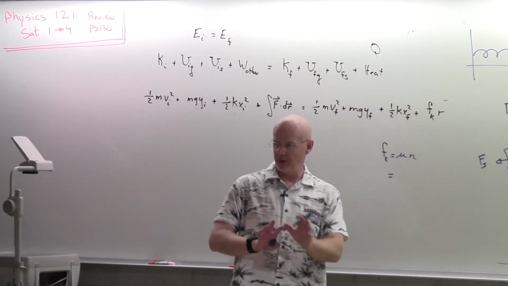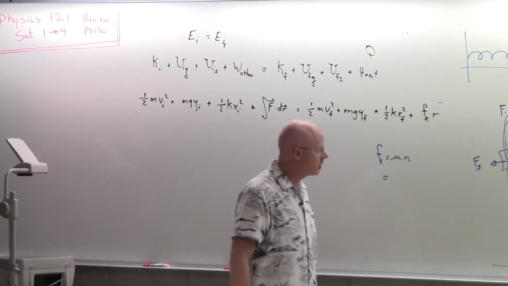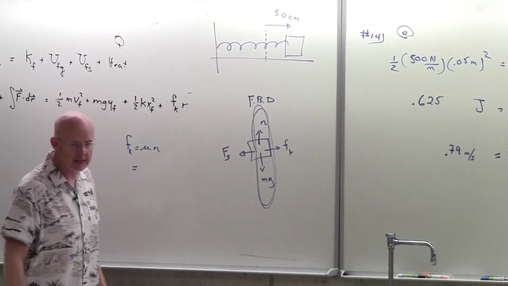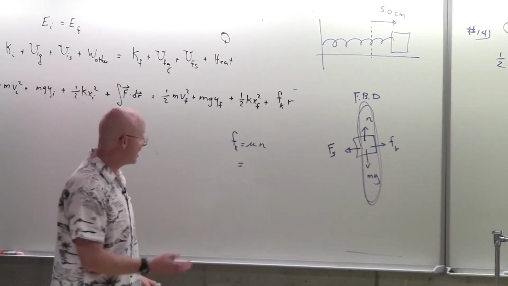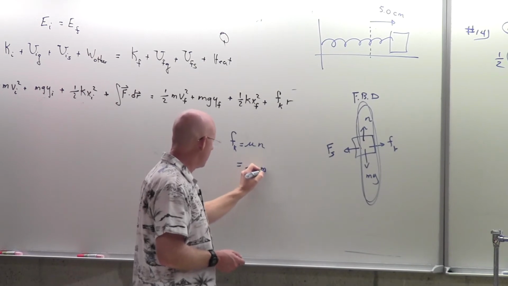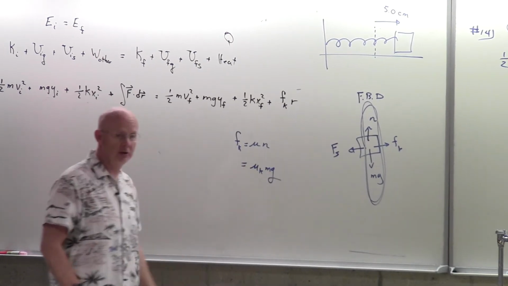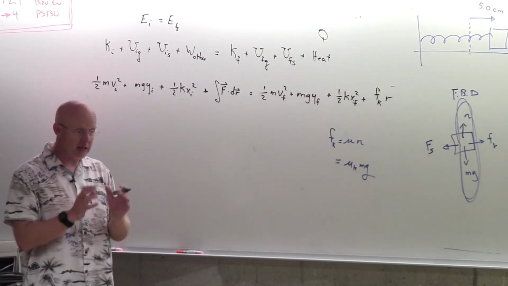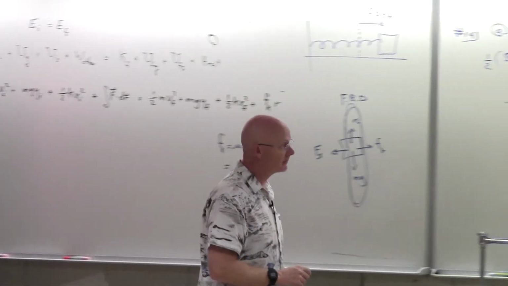And it doesn't move up or down. So the force up, which is the normal force, must equal the force down, which is the weight, mg. So I would say this case, then, the force of friction is just simply the coefficient times the weight. The weight is the normal force, this case.